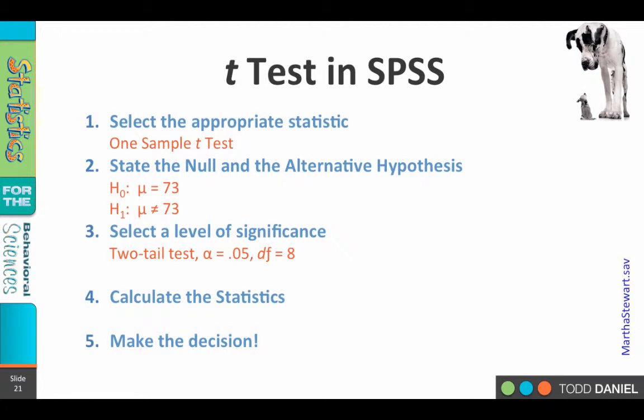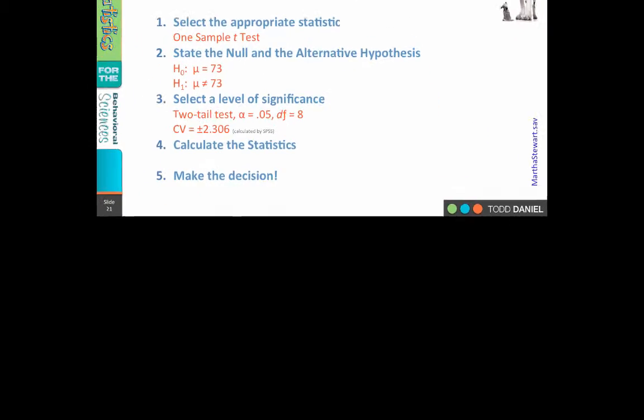If we go to our t-table, we can look up the critical value of positive or negative 2.306. However, when we do this test in SPSS, the software will be calculating the probability value, and so we won't actually see this number in the SPSS output. But now we're ready to calculate the statistics using SPSS.